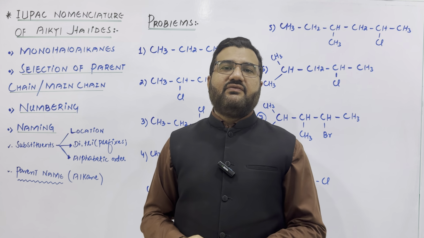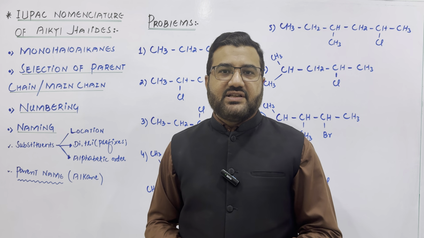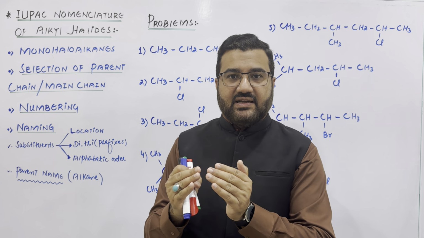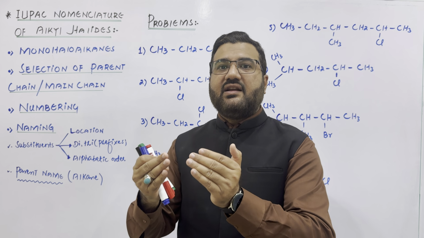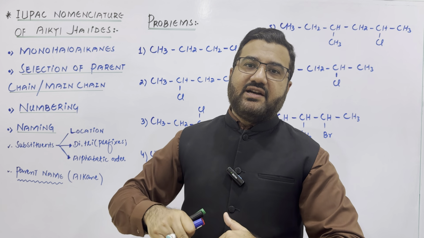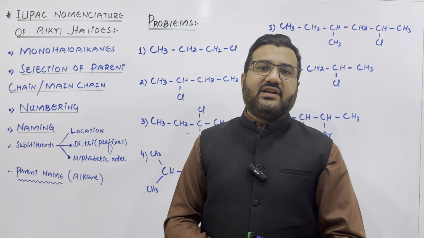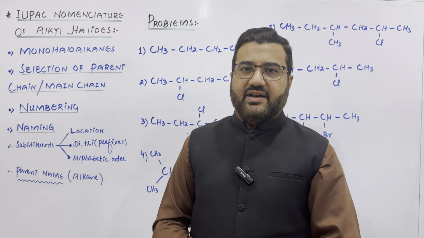If there are more than one chains competing for the parent chain, you will select that chain which has the maximum number of carbons, and all functional group carrying carbons should be part of that chain. None of the carbons carrying the functional group should be outside the main chain or the parent chain.